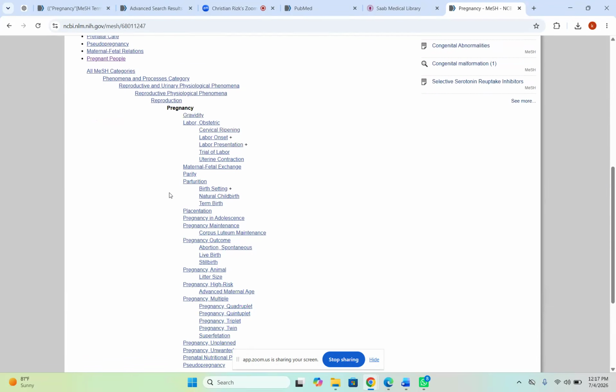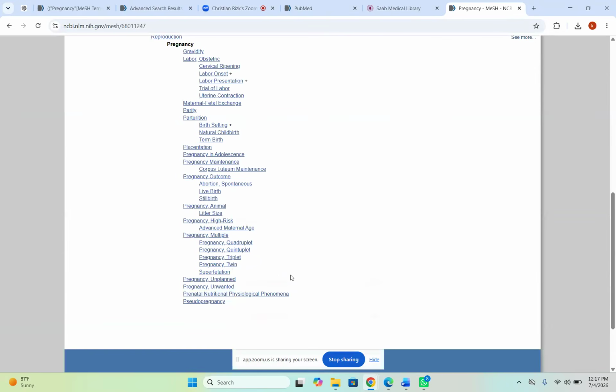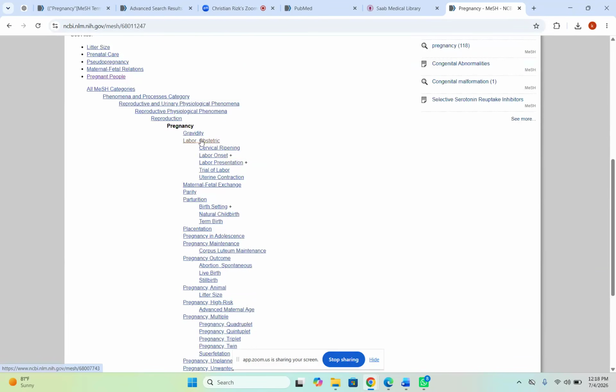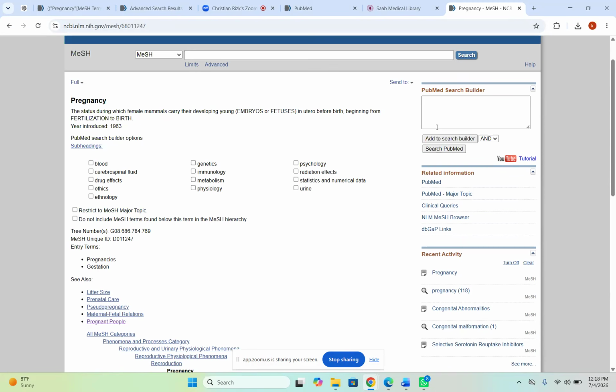We look at the sub MeSH tree. We want all of these sub-MeSH terms because they are of importance to us. We keep it exploded, and we don't want to focus at this point, so we add it to the search builder.